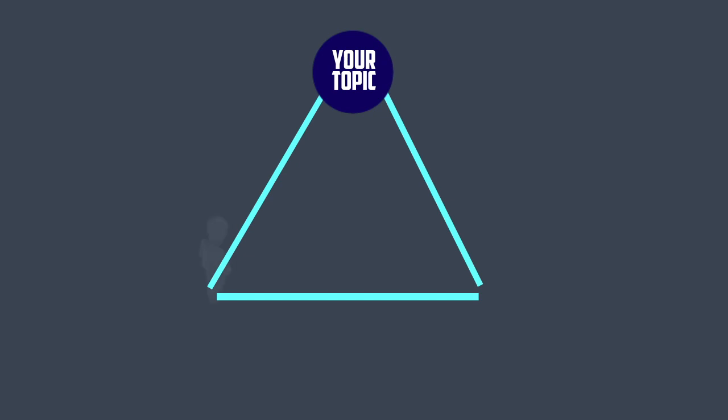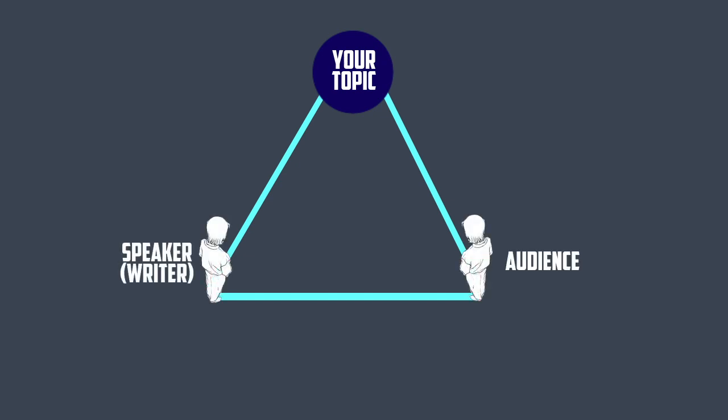The triangle consists of you, your audience, and the topic. Now, in this triangle, we have speaker, because this kind of goes back to ancient rhetoric where they would use speeches instead of writing things down. So it's why it's usually the speaker in the audience and the subject, not usually the writer.